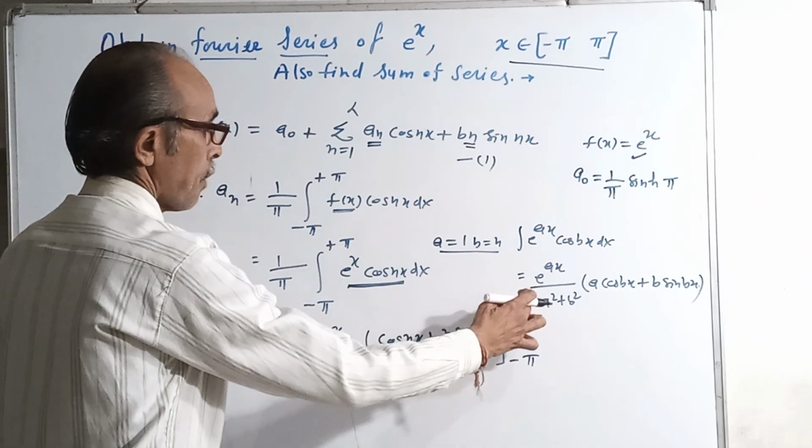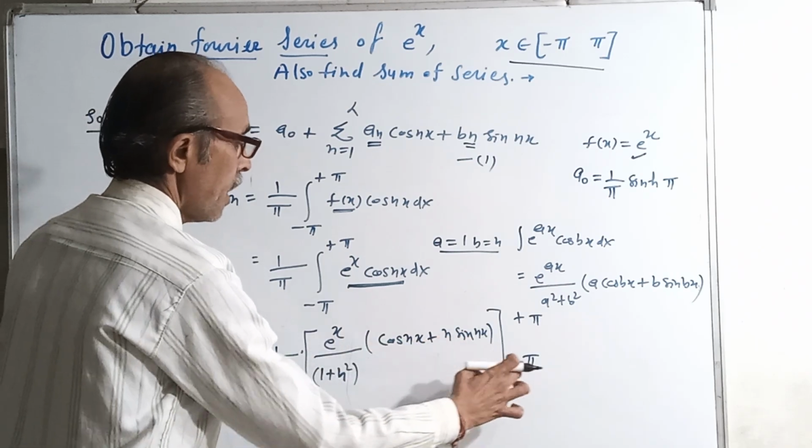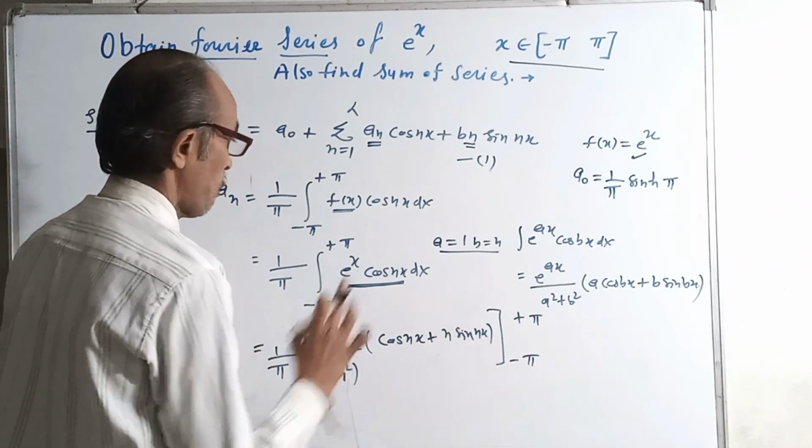Now we put upper limit π as x variable and lower limit −π.